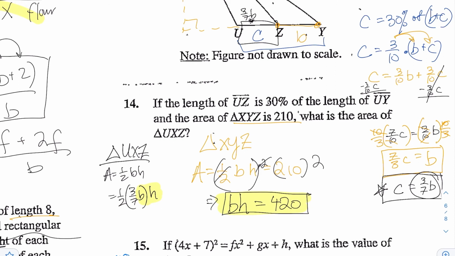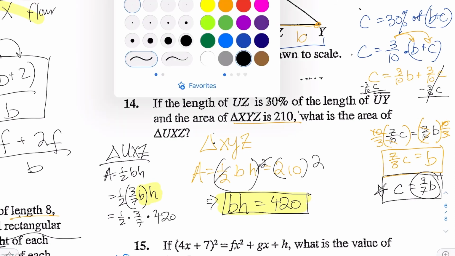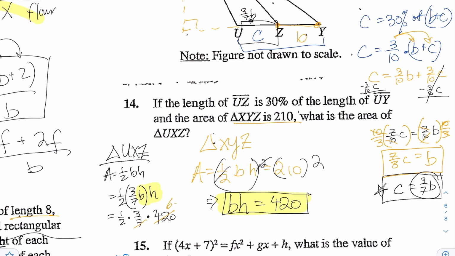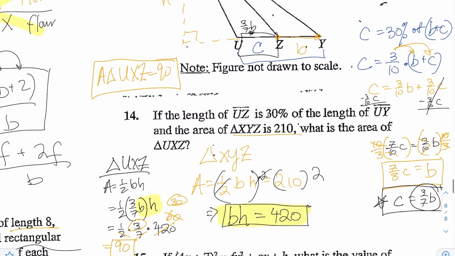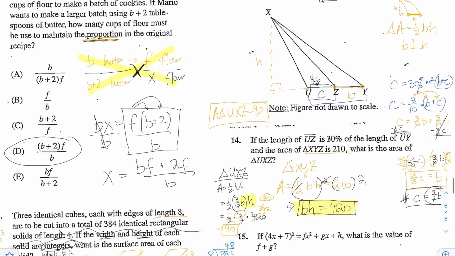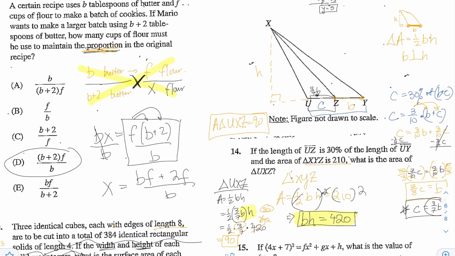So that means that this would be 1/2 times 3/7 times 420. And 420 simplifies with the 7 to give you 60 left. And then the 60 into 2 cancels to give you 30 left. So you just have 30 times 3 or 90. So that's the final answer. The area of triangle UXZ is equal to 90. So here we just have to use a variation for the area of a triangle, and you have to write the variables in terms of the other.